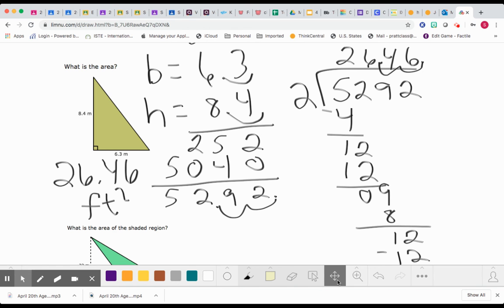Now we're going to move on to an obtuse triangle here, and how can we find the area of an obtuse triangle? So how do we find an area of a triangle that is not a right triangle? So let's work on that.